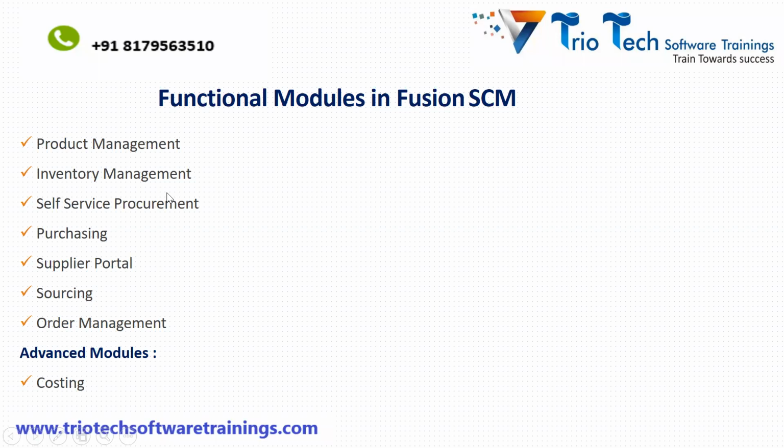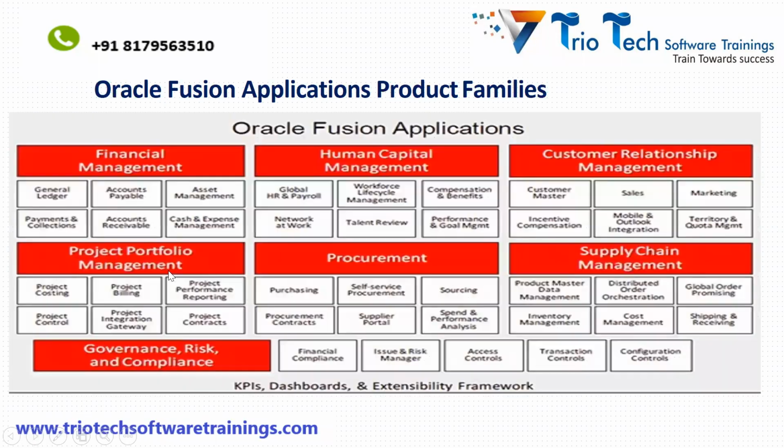Now, apart from this, there is an important module which comes under the advanced modules in Fusion, that is costing. Why is it important? As we had seen in the previous slide, financial management. At the end of the day, it all boils down to the cost to the company, or the business's profit and loss.